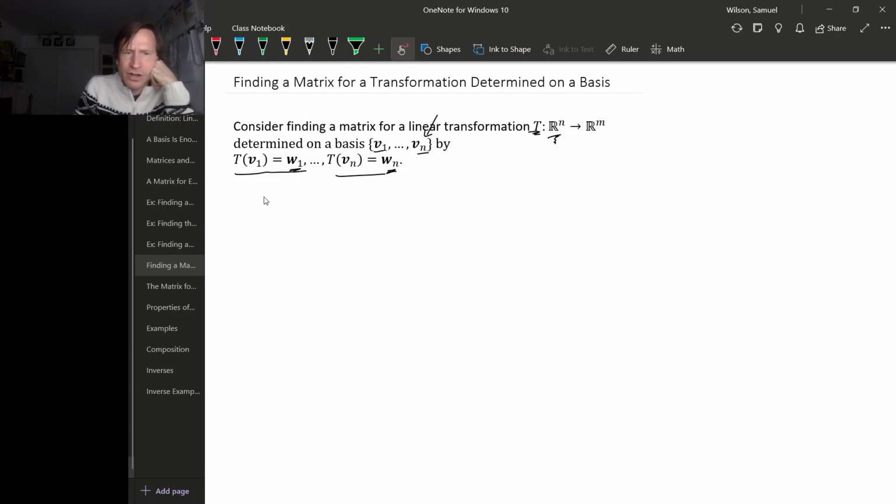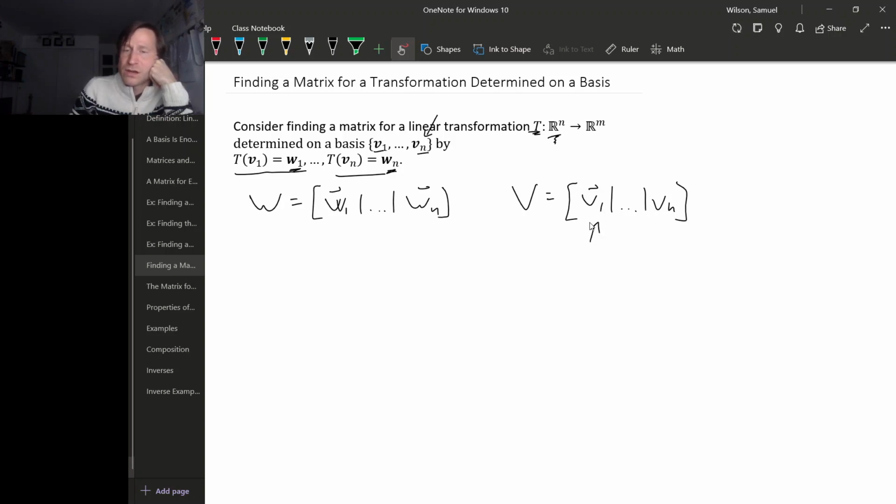So if our previous example was right, then what we ought to do is form a matrix W, which is going to have w1 up through wn as columns, and form a matrix V, which has v1 through vn as columns. Since these vectors each have n entries, V is n by n, right?